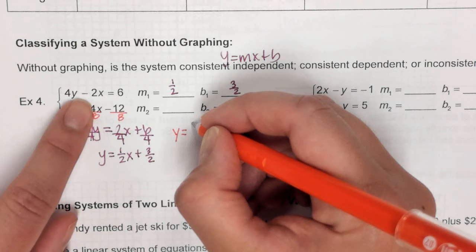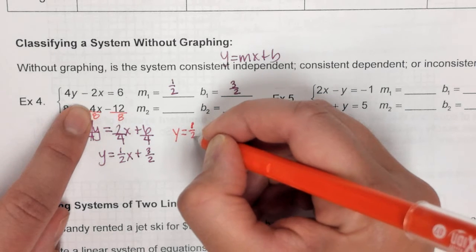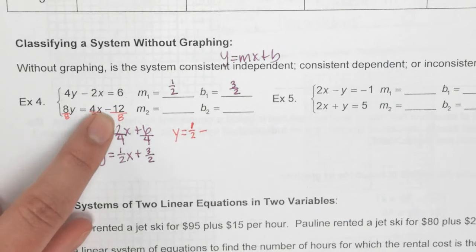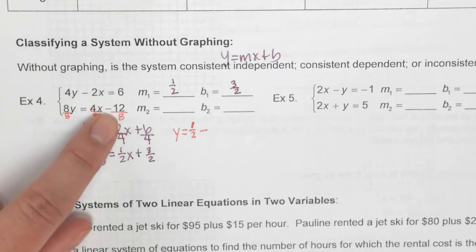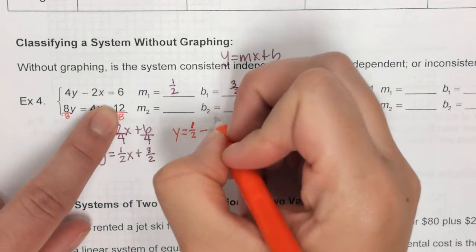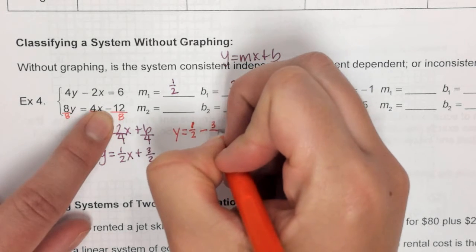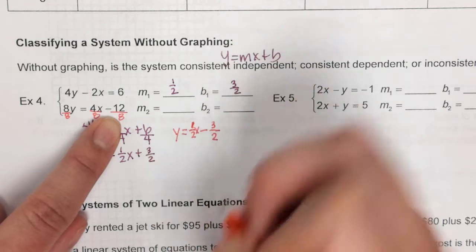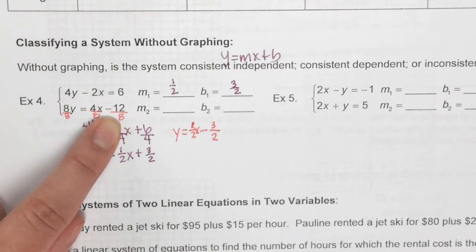What's 4/8? 1/2. Minus 12 over 8. You can divide those by 4, right? 12 divided by 4 is 3. 8 divided by 4 is 2. Oops, I forgot my x. That's bad. Y equals 1/2 x minus 3/2.